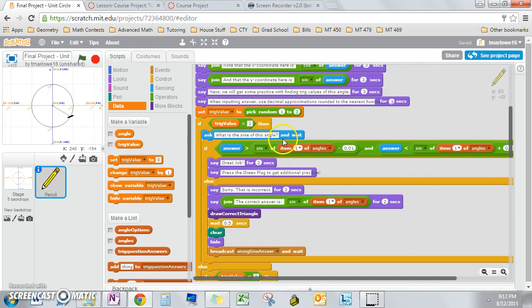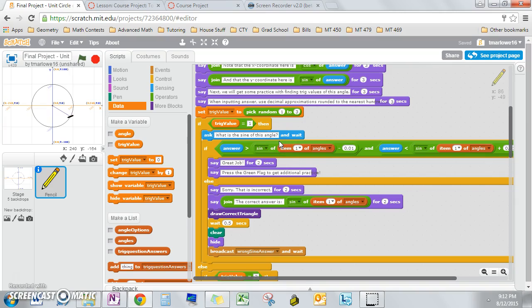One thing you want to pay close attention to is when we're checking to see if our answer is correct, it looks like a lot's going on here, and that's because we really need some leeway in our answer. You can't really put in a radical as an answer or a fraction as an answer when you're typing it into Scratch.